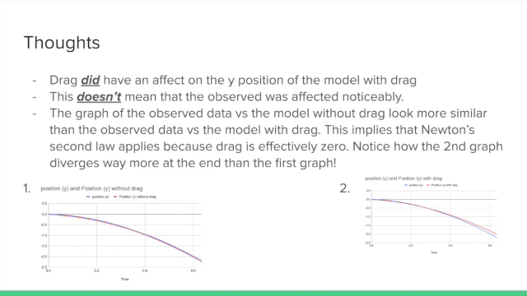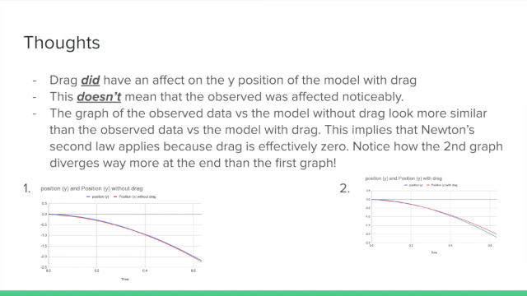The graph of the observed data versus the model without drag looks more similar than the observed data versus the model with drag. This implies that Newton's second law applies because drag is effectively zero. So the momentum principle is perfect for this situation.